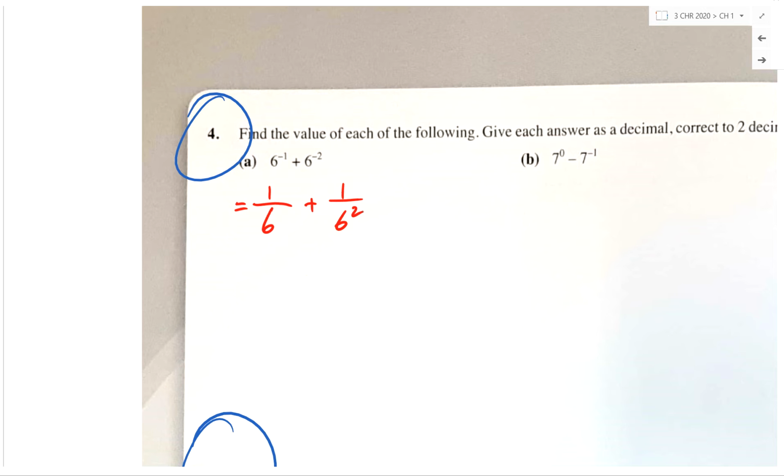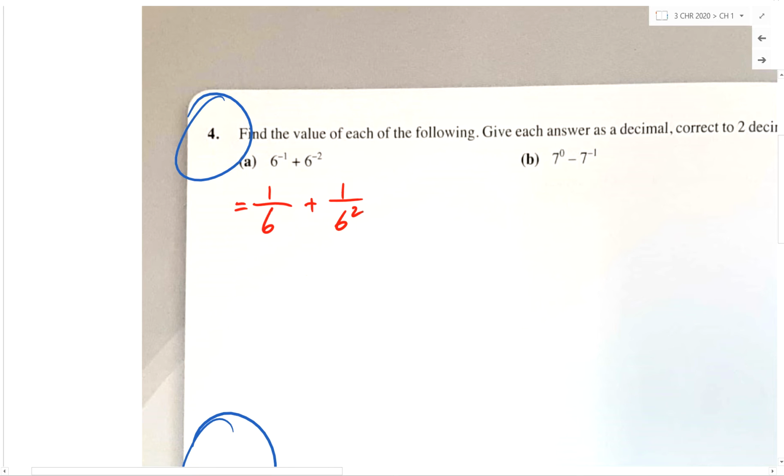If you are asked to add two fractions, what must you ensure for their denominator? Must be the same. So I've got 6 as one denominator, 36 as the other. How to make them the same? Find the LCM, lowest common multiple.